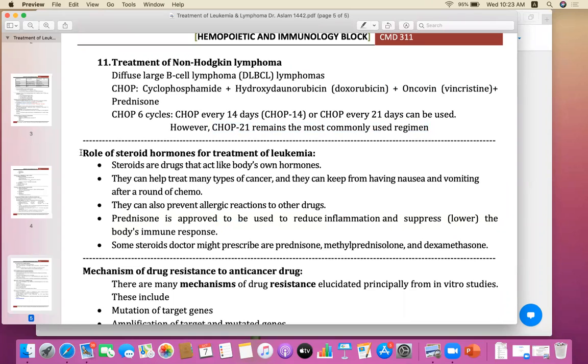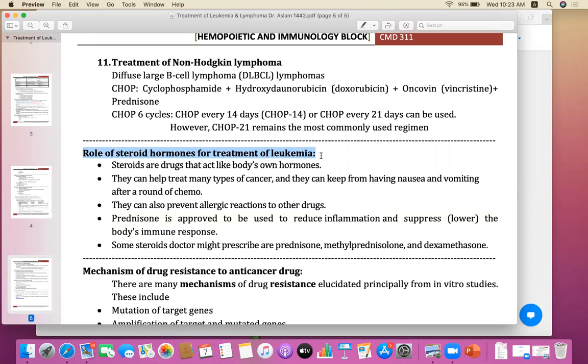There is one objective: the role of steroid hormones in the treatment of leukemia. What is the role of the steroid prednisone? Why is it generally given for the treatment of leukemia? Steroids are drugs that act like the body's own hormones. They can help treat many types of cancer, and they can keep you from having nausea and vomiting after a round of chemotherapy, because nausea and vomiting are the most adverse drawbacks of chemotherapy.